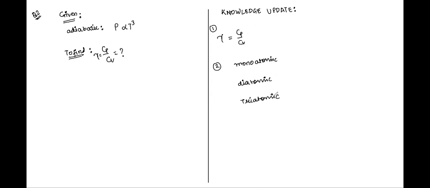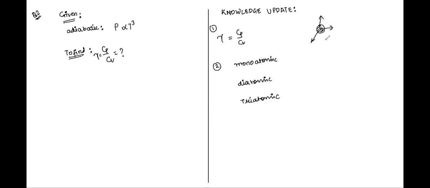Each one has a different degree of freedom. When I say degree of freedom, it means that if I take a molecule, in how many directions can the molecule make a particular kind of motion. Let's say a monoatomic molecule might have 3 degrees of freedom. It can move in 3 directions. Some molecules have different degrees of freedom in the sense that they can rotate, vibrate, or move linearly.